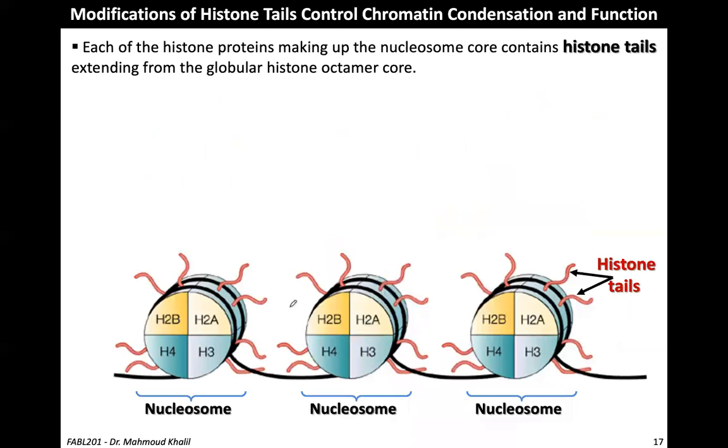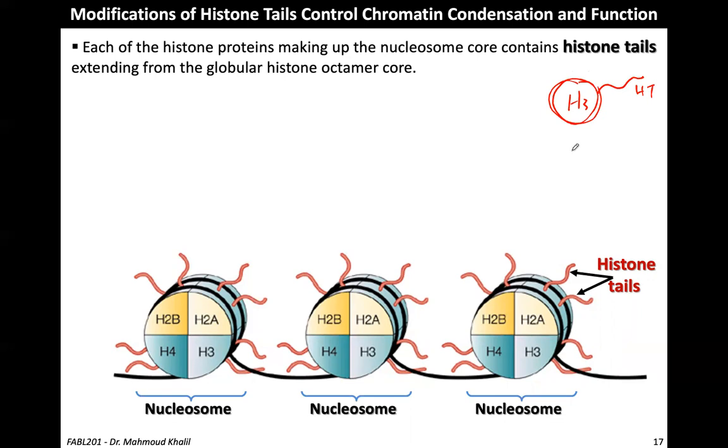If you remember, previously we said that the DNA is wrapped around the histones, and these histones consist of an octamer, 2 each of H2A, H2B, H3, and H4. Each histone consists of, let's take histone 3 for example, a globular structure and a part coming from outside, which is called the histone tail.